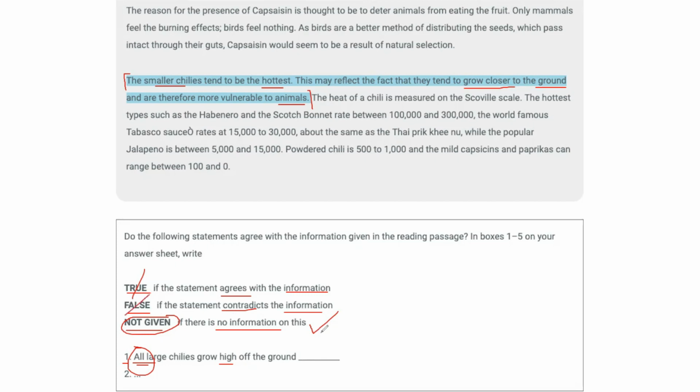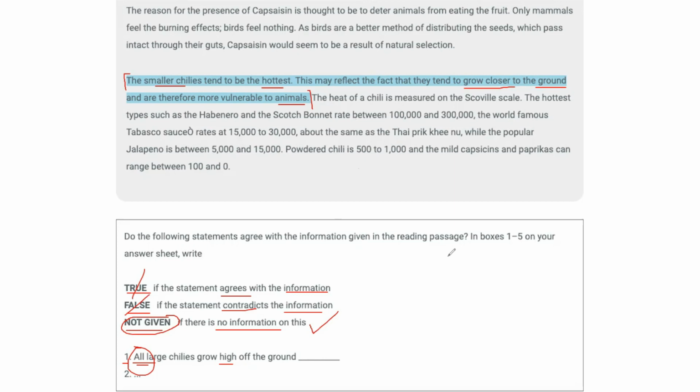You might be thinking, well, what if this information is included later throughout the text? And that's an excellent question. Something to keep in mind about the identifying information question type is that 99% of the time questions come in order. I've never seen an identifying information question type that was out of order.